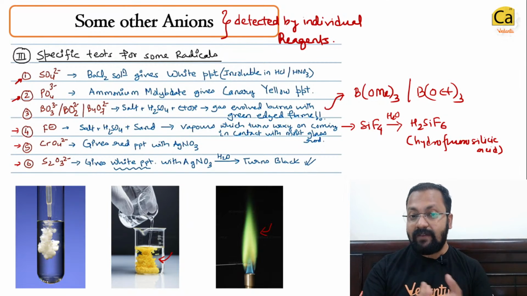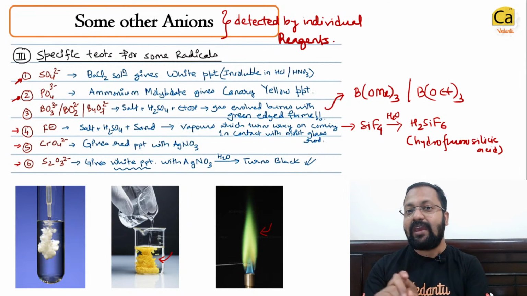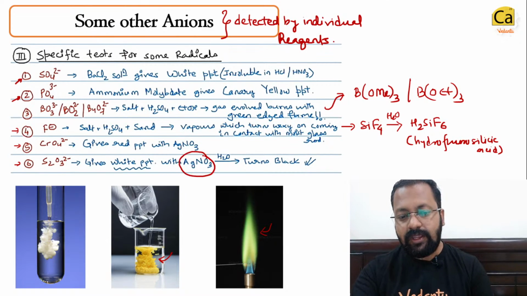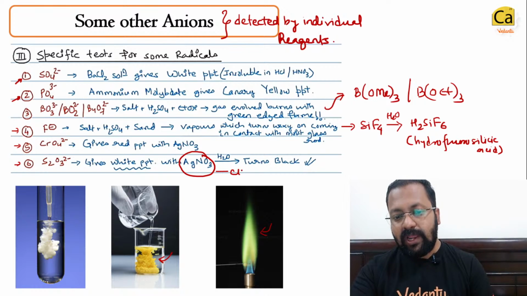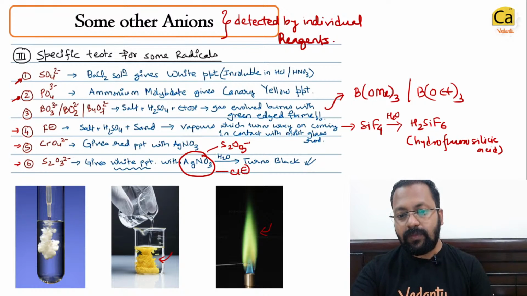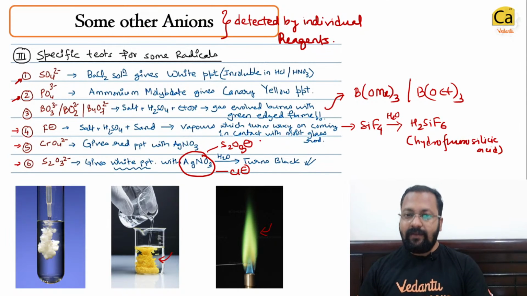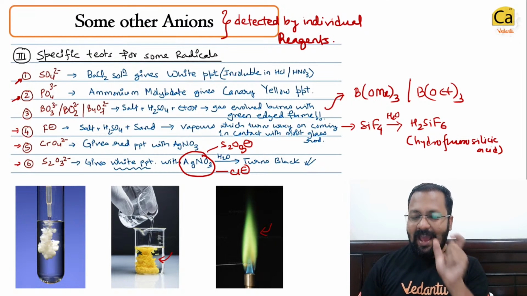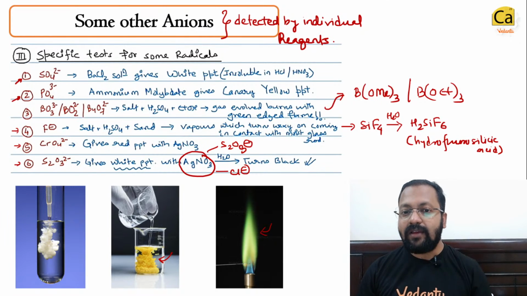So whenever you are getting a white precipitate with AgNO3, you should be careful, because it could be chloride, it could be thiosulfate. But if you add water to it, then the sample which is present will turn black.